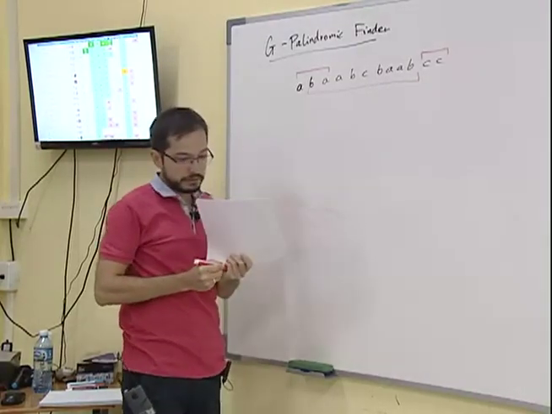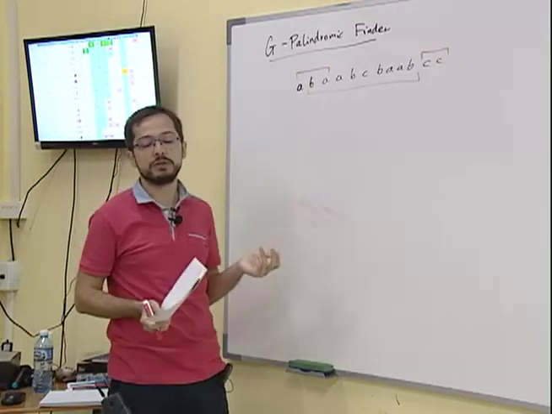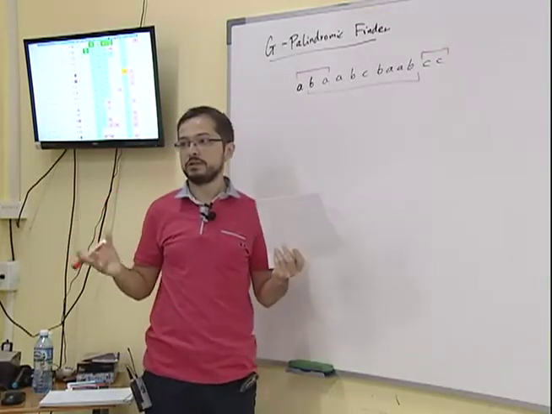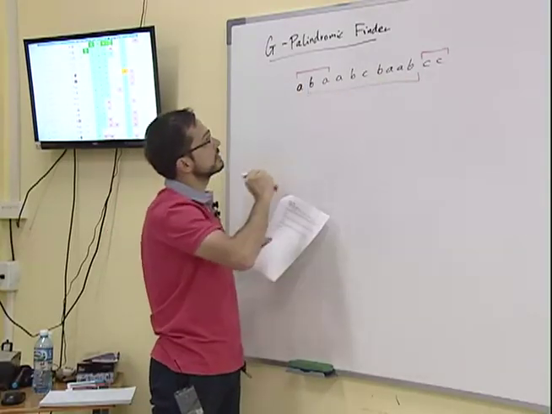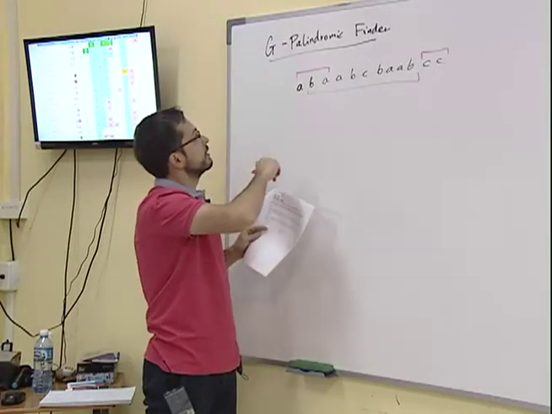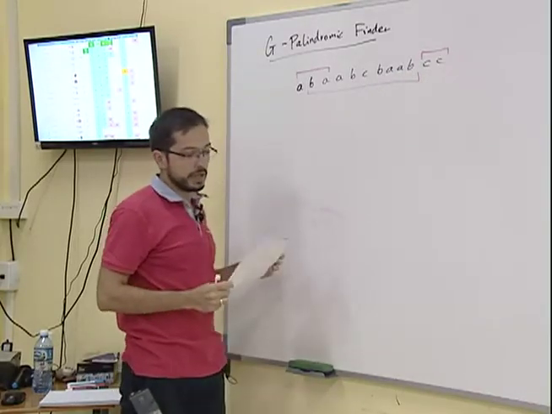Usually if we want to find the palindromes in the word, we would like to find the longest ones. So for instance, this will be the longest. We cannot extend it because here we have A, here we have C.